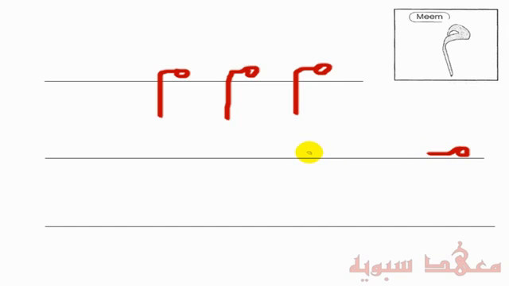In the medial form, previous letter, you come up, and you go around, and then come there, and then go to the next letter. And the final form is as follows. Go previous letter, then you go up, come around, and then go down.